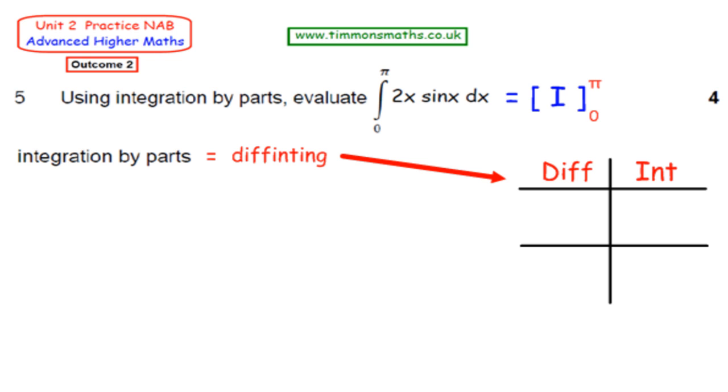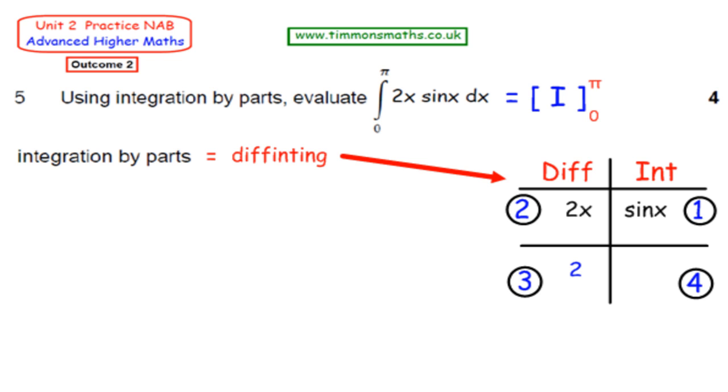Split it into 4 quadrants. The part of the integral that we want to differentiate is the 2x. The part that we want to integrate is the sin x. Differentiating 2x is 2. Integrating the sin x is minus cos x.